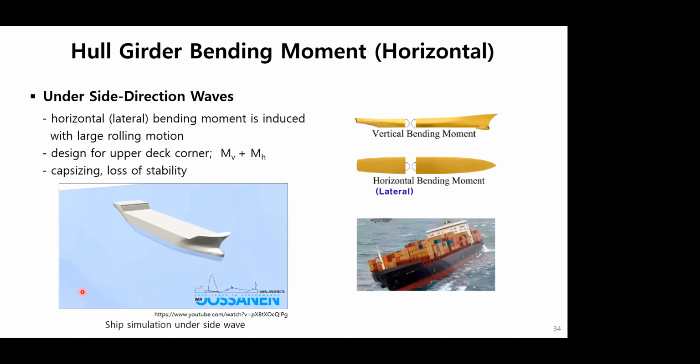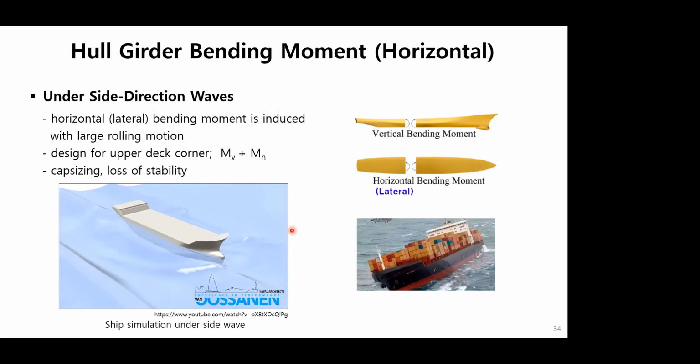A big regular wave is coming from the right side of the ship, and the ship begins to move into rolling motion. Under this situation, generally a horizontal, sometimes called lateral, bending moment is induced with large rolling motion.